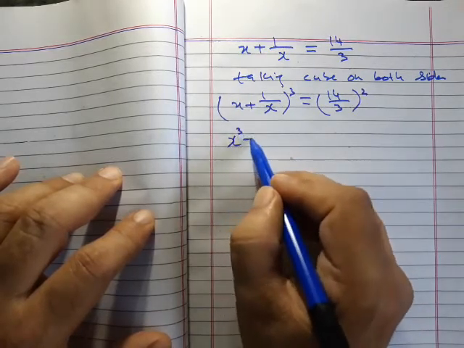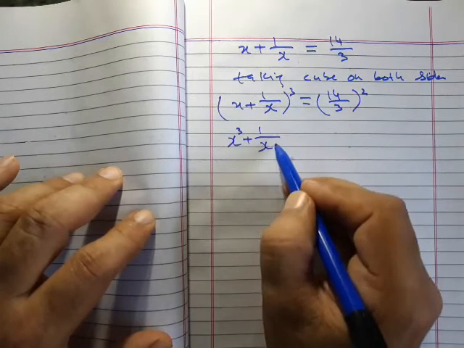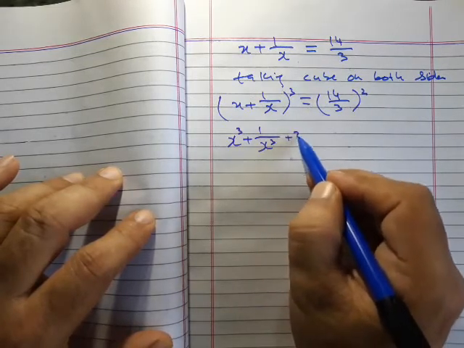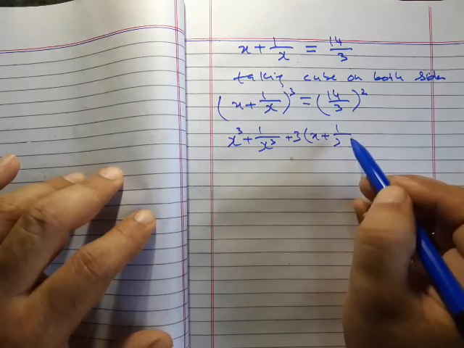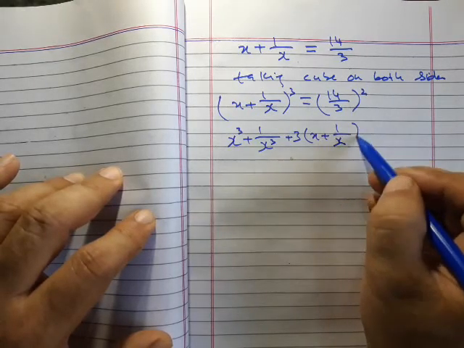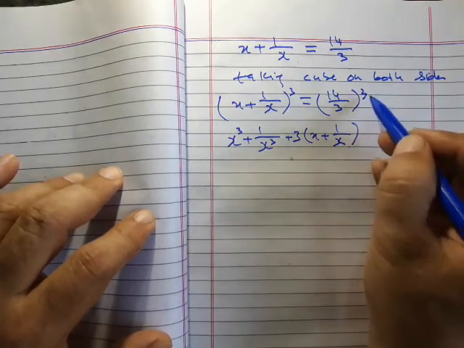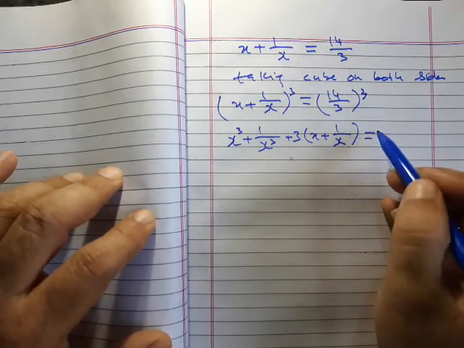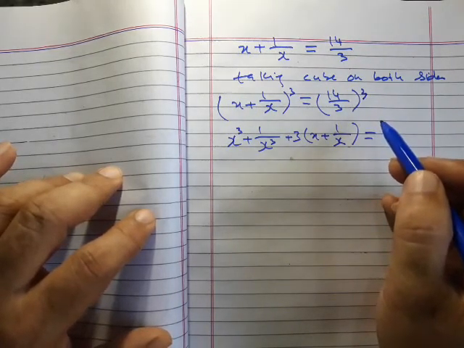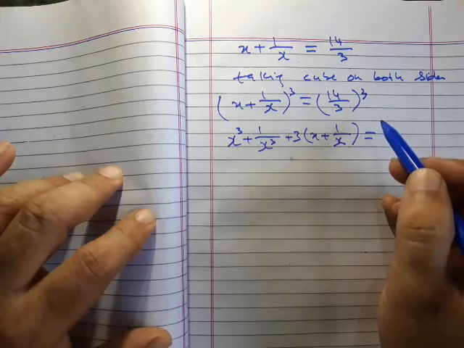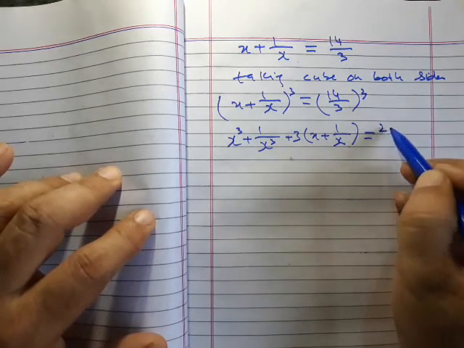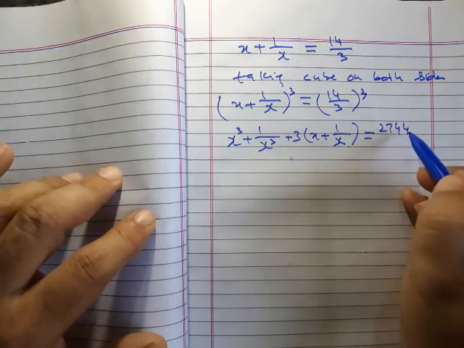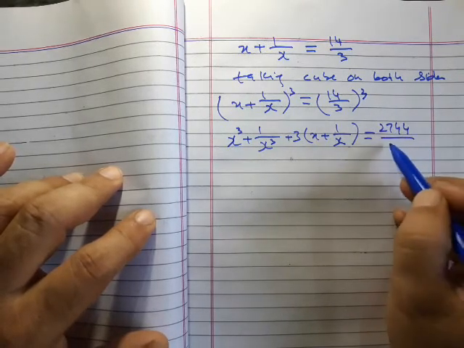x cube plus 1 over x cube plus 3 into (x plus 1 over x). And what is the cube of 14 over 3? Cube of 14 over 3 is 2744 over 27.